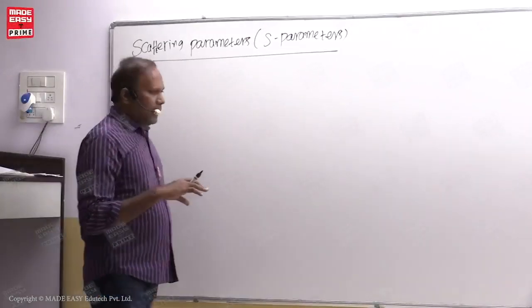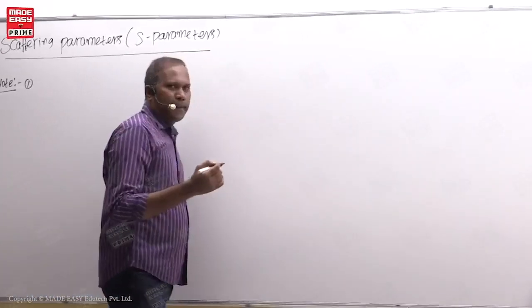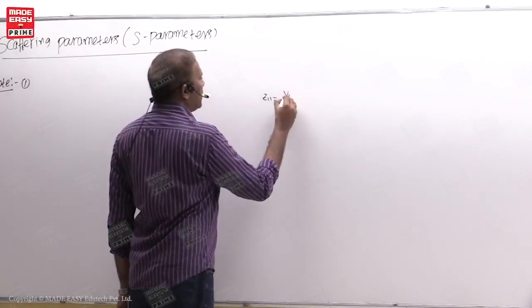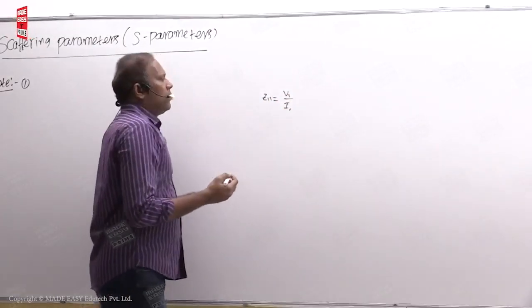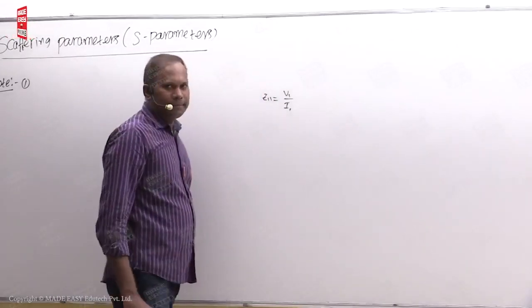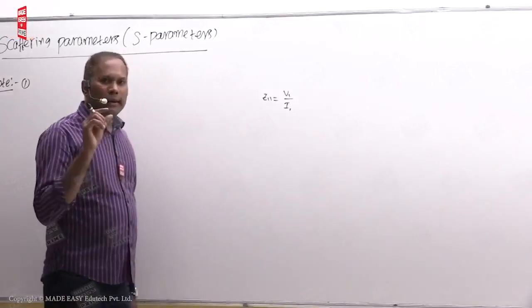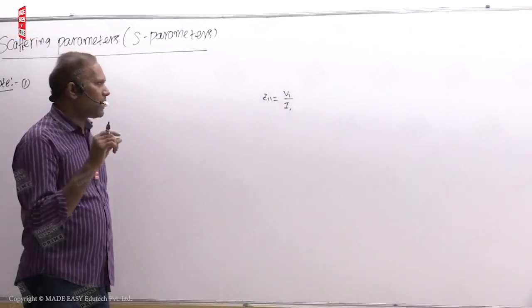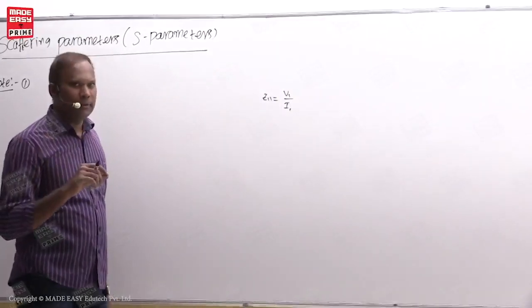If you want to measure Z11, Z11 is equal to V1 by I1. So here you have to measure the voltage and you have to measure the current. At high frequencies, at gigahertz frequency, voltage measuring equipment and current measuring equipment are not readily available.